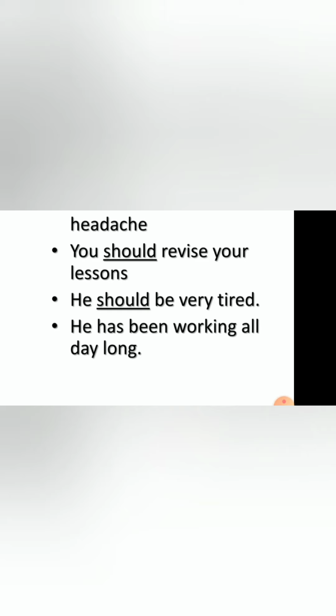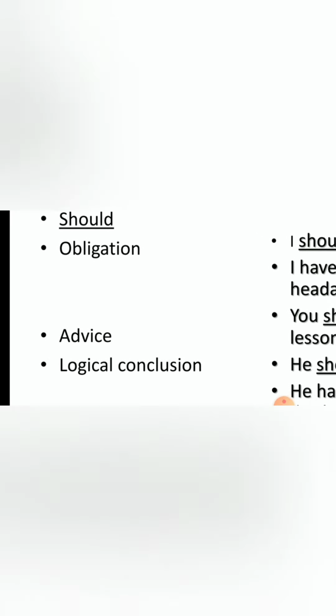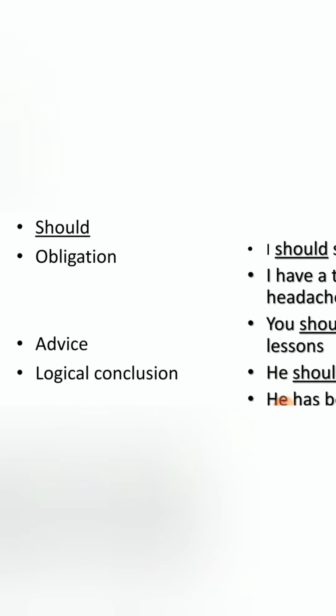So it gives a logical conclusion. He should be very tired, because he has been working all day long. The logical conclusion is tired, and we can use the modal verb should here. So, should has three functions: obligation, advice, and logical conclusion.